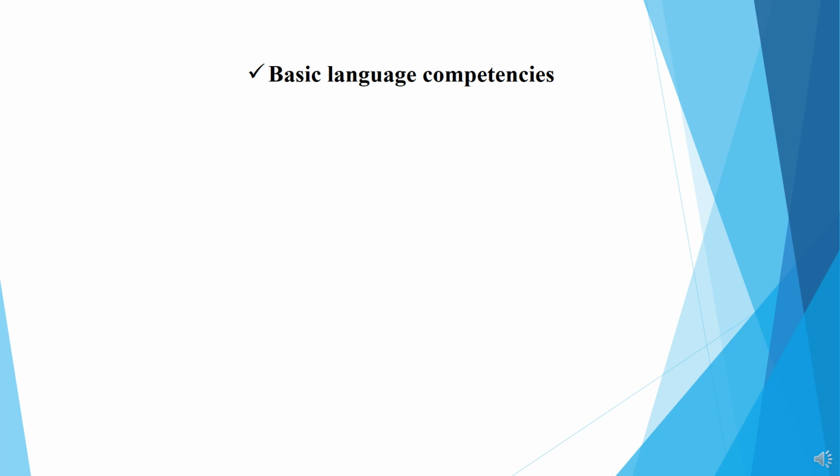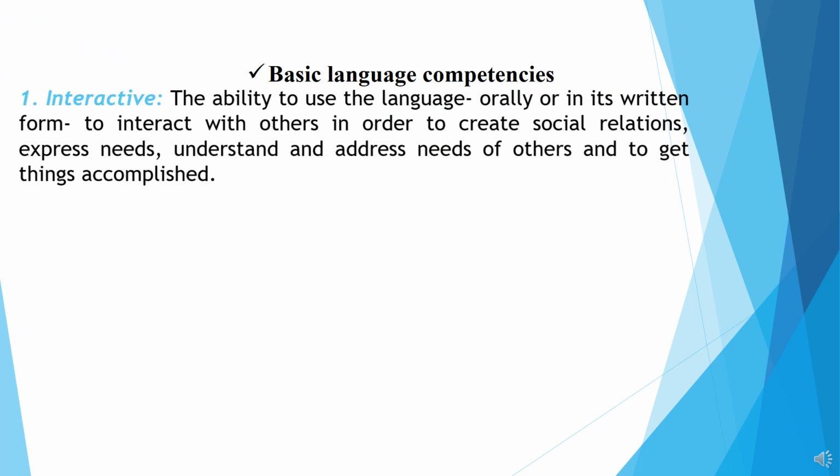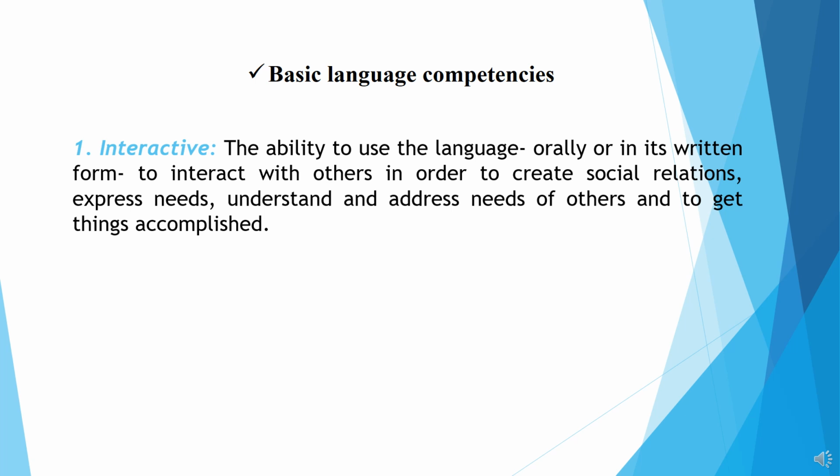You have the basic language competencies. The first one is the interactive competence. It is the ability to use the language either orally or in its written form to interact with others in order to create social relations, express needs, understand and address needs of others, and to get things accomplished.